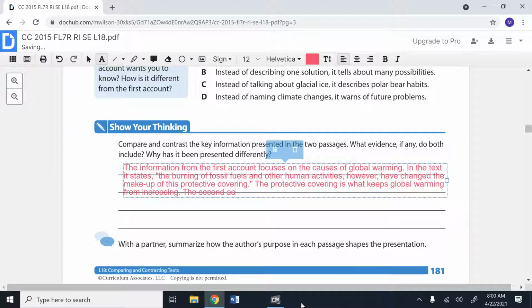The second account focuses on wildlife being at risk.